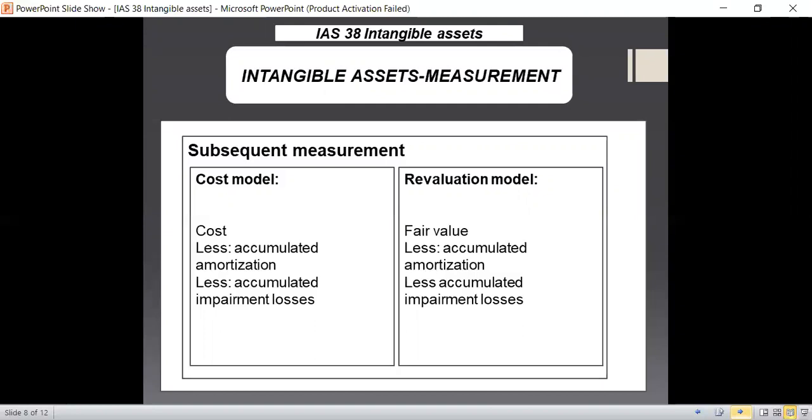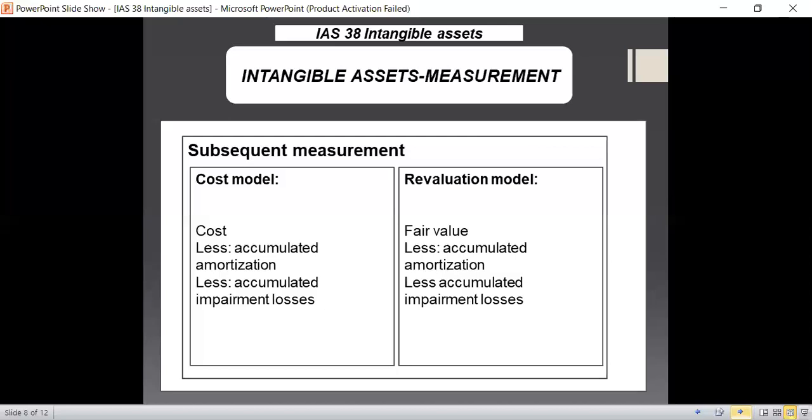One more point which you need to consider for the revaluation model is that in effect, it is very difficult to find an active market for your intangible asset. This requires intangible assets to be homogeneous in nature, and this is very rarely the case.